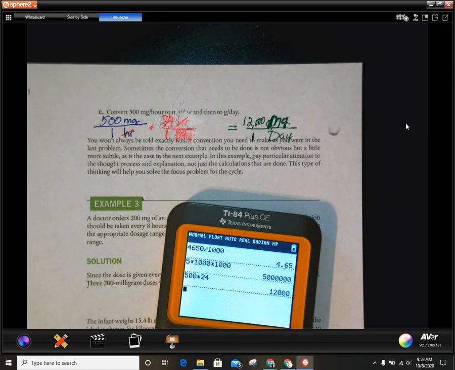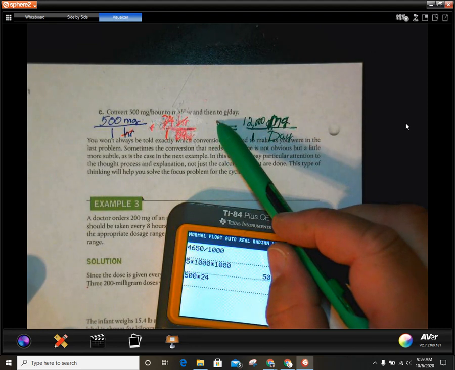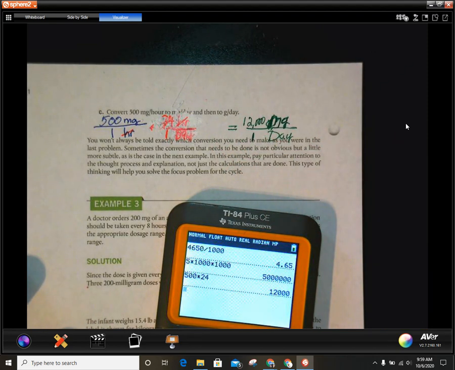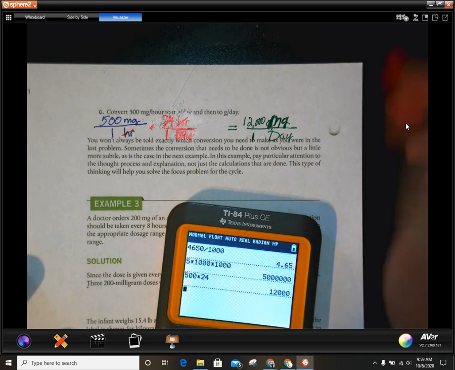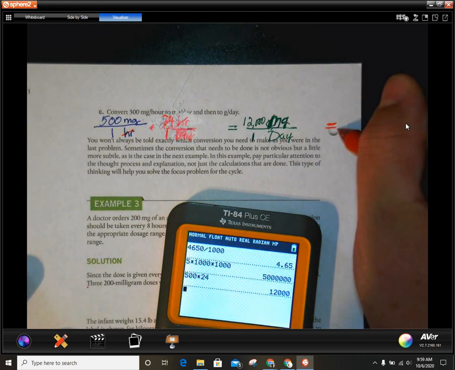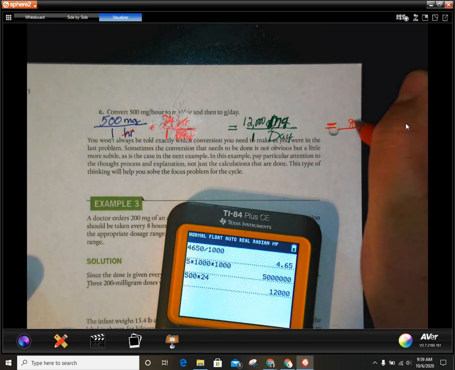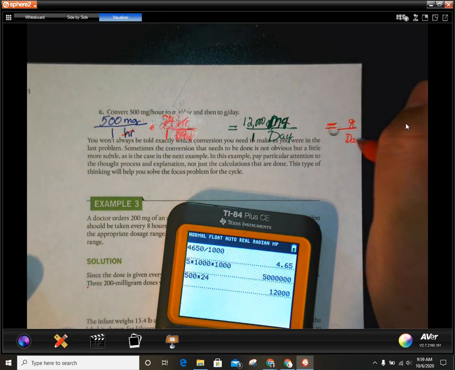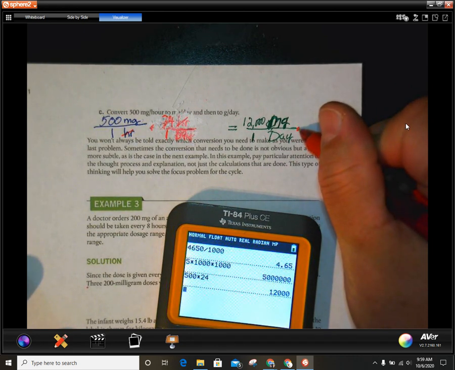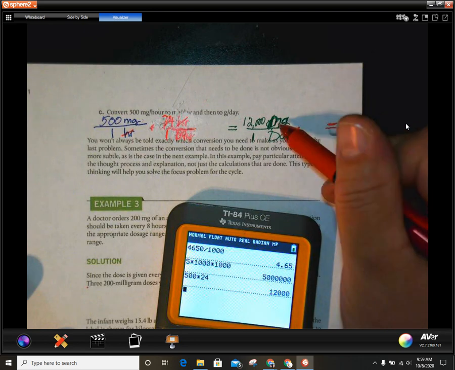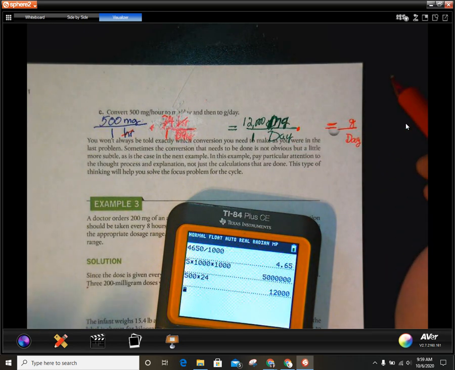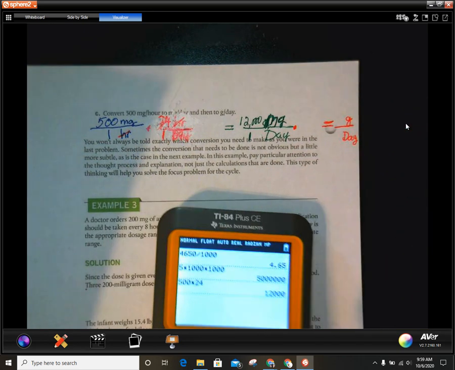Okay, now I converted it to milligrams per day. And then it says to grams per day. So I'm going to need grams per day. So this time, I need to change milligrams to grams. I'm going to go back to my chart.